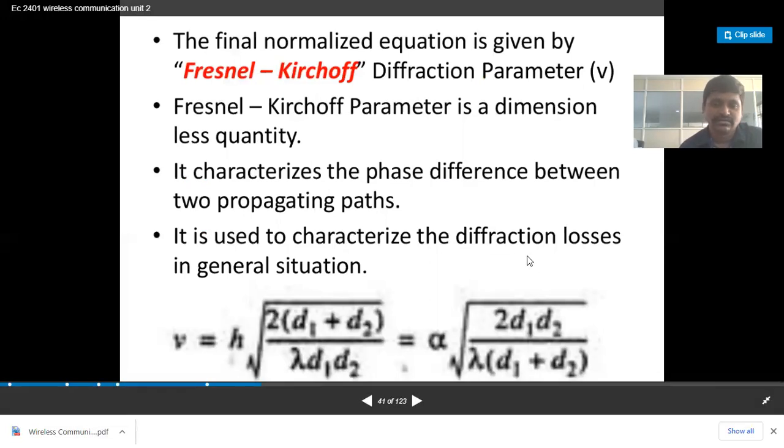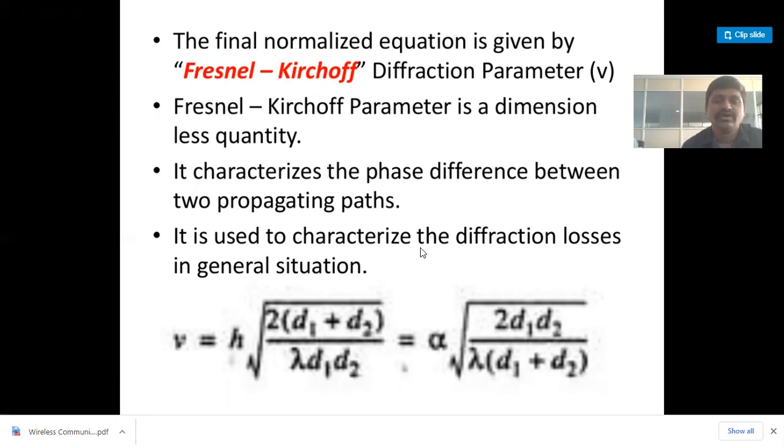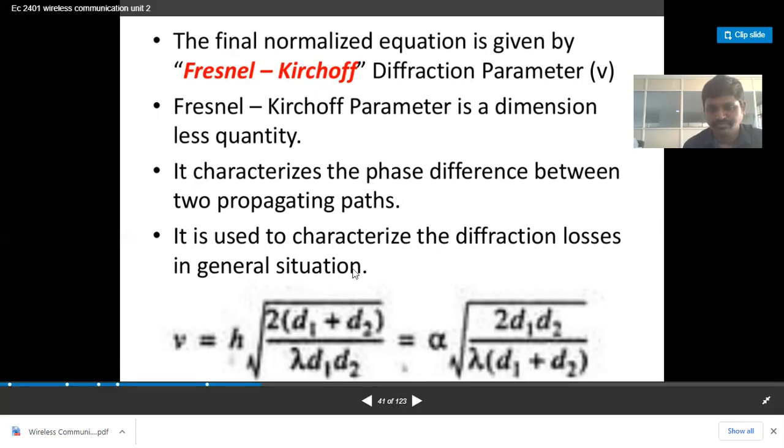This can give a solution to the diffraction losses. The Fresnel-Kirchhoff diffraction parameter V is equal to h into square root of 2 into d1 plus d2 by alpha into d1 into d2, and you can get a solution for the diffraction losses.